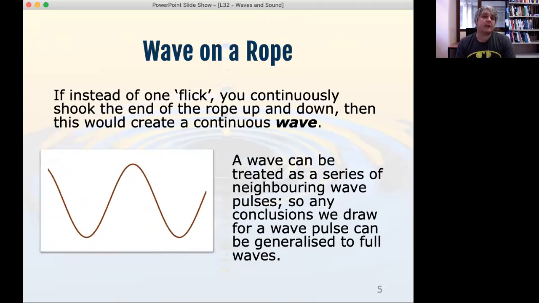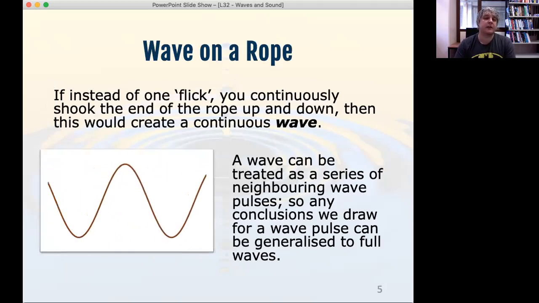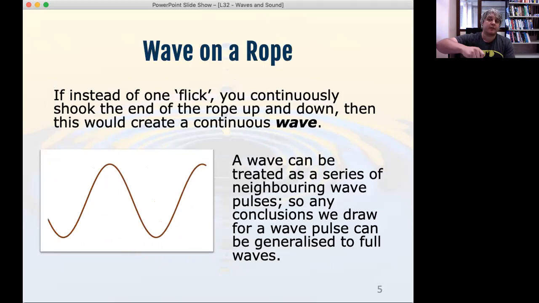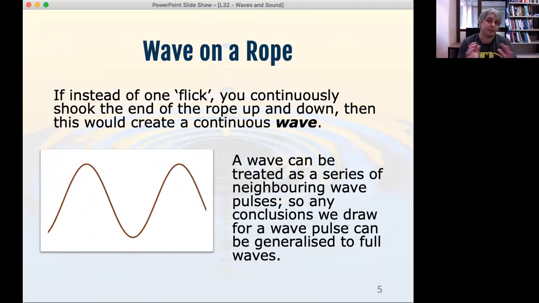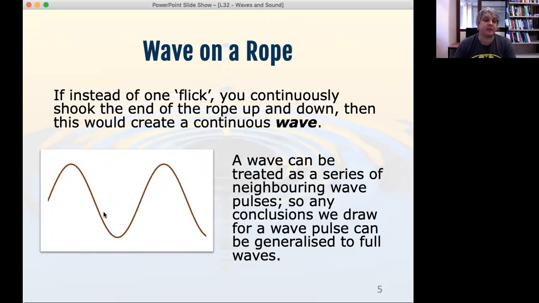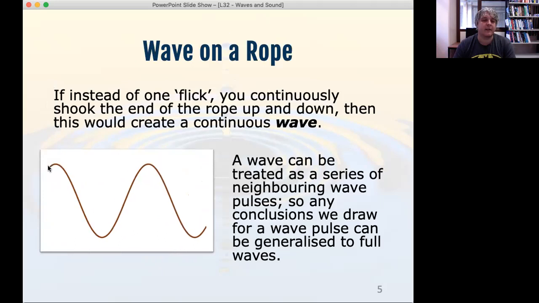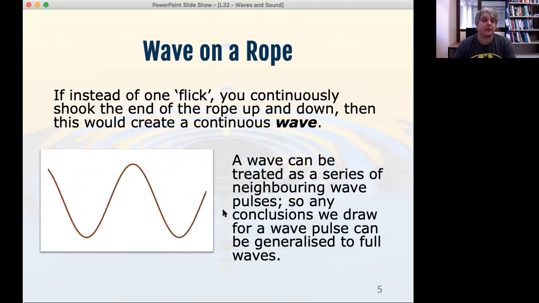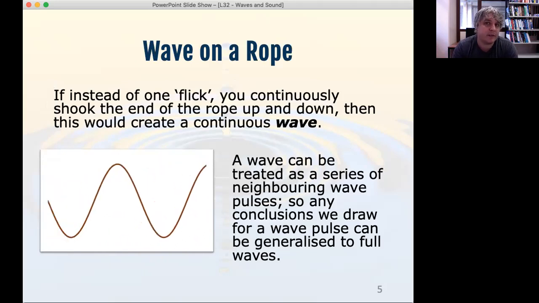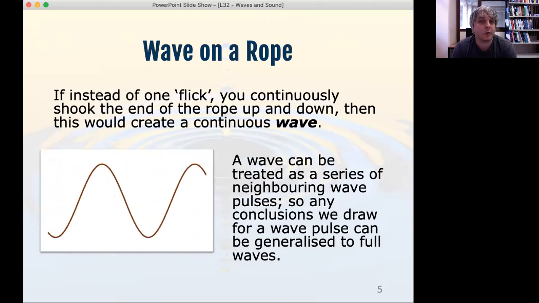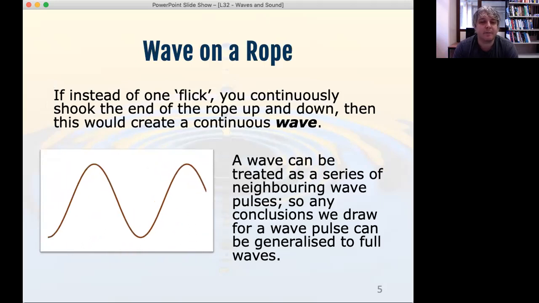If instead of one little flick, you continuously shook the end of the rope up and down, so you just sat there constantly going up and down with the end of the rope, then you would get this wave pattern traveling down the rope. So it's like those little wave pulses, but it's just continuous. It's just heaps of them, one after the other, and you get this wave shape. And this may look quite similar at this point to that graph we saw of simple harmonic motion, and of course that's the point, that similarity there.